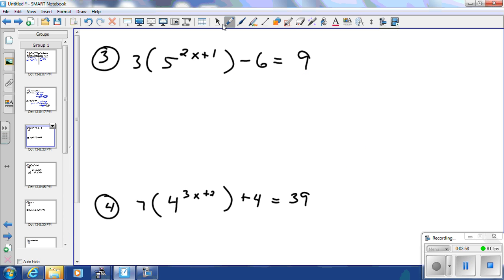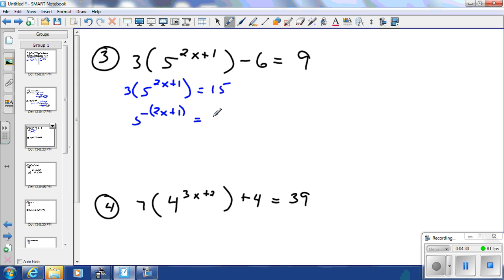Okay, similar thing here, just we're gradually getting each one to be a little bit more involved. What I'm going to do here is first add 6. Then I'm going to divide by 3. I'm going to have 5 to the power of 2x plus 1, and that is all implied to be the same power. I meant to clarify that up here, but hopefully you understood that.